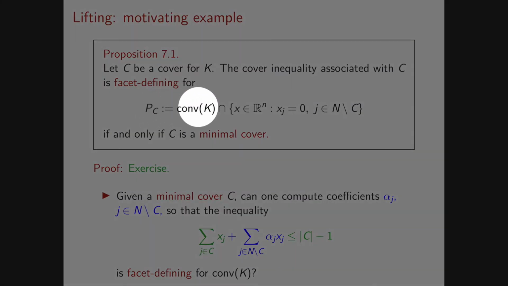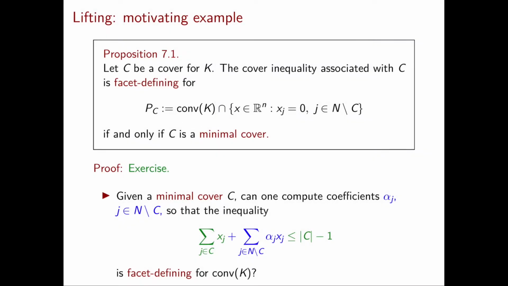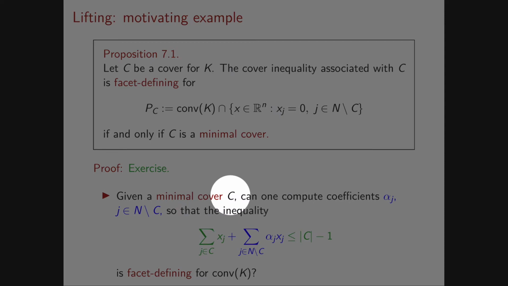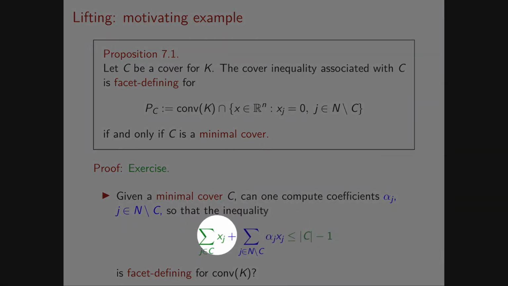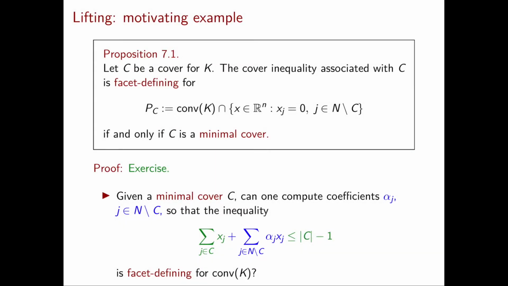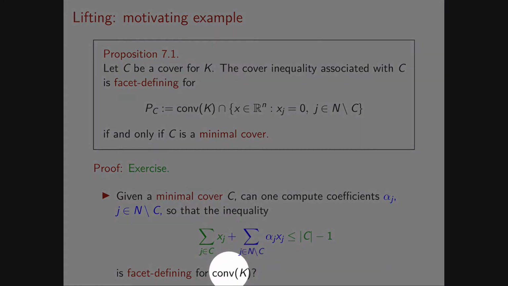However, what about facet defining inequalities for conv K instead? And this is exactly the question that brings us, in a sense, in the direction of lifting. So let's pick a minimal cover C, and the question is, can we compute coefficients alpha j for all the variables j which are not in the cover, so that the inequality obtained from the original minimal cover inequality, which is the one in green here, by adding the sum of the alpha j xj for all the j in N minus C on the left hand side becomes facet defining for the convex hull of K?